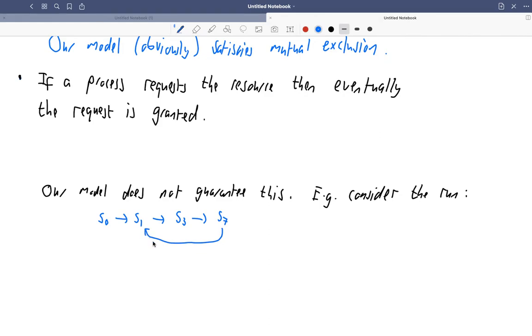to S1, and this infinite run violates the fact that process 1 had requested the resource, but we can keep on going forever without process 1 ever getting granted the resource.